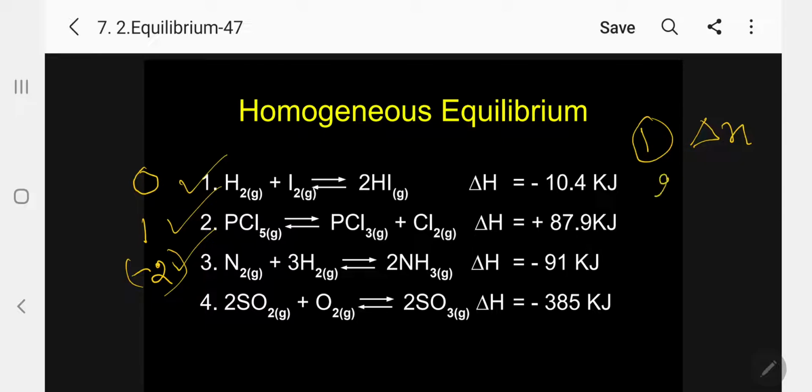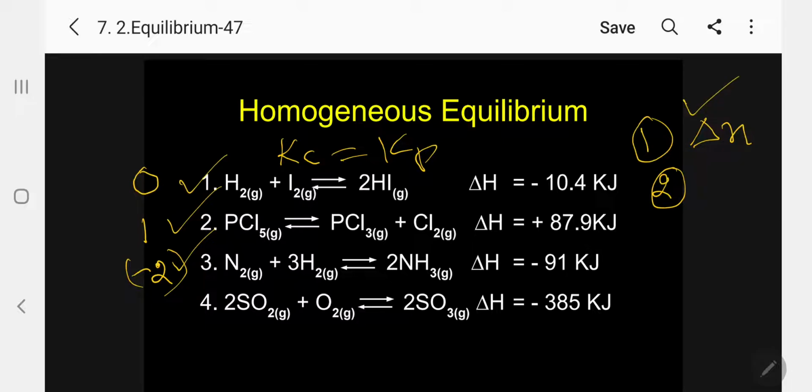The second factor, you must know regarding Kp and Kc, which again depends upon delta n. Delta n equal to 0, Kc equal to Kp, that is equal.